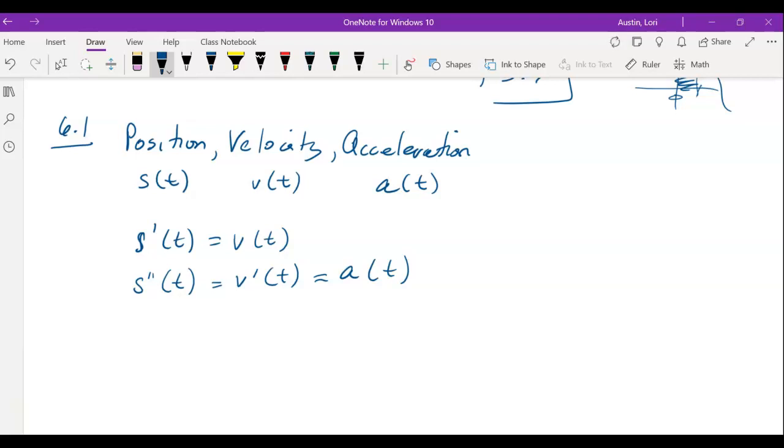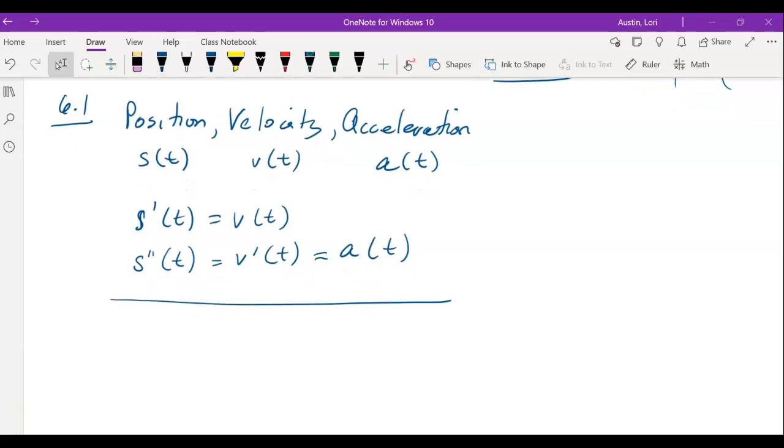There's a lot of standard notations that are used, and s of t is always used for your position function. Mathematicians, you can just say every now and then, I'm going to completely trip the entire world up. I like complaining a lot or something.